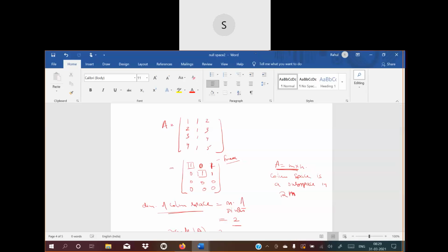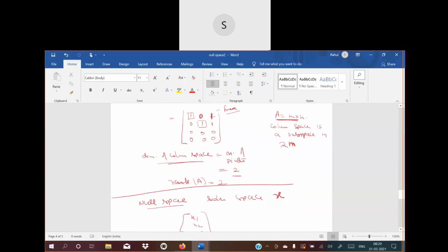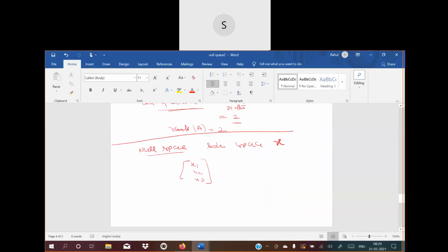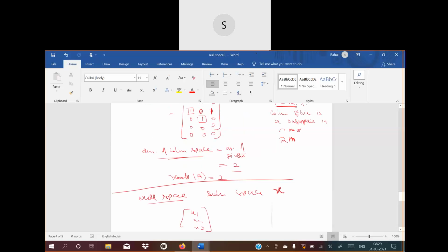Therefore, this is a 4 cross 3 matrix, so the column space is a subspace of R4. But when you come to null space, it is a subspace of Rn, that is R3. You can see it here: when I am writing the solution, these are three values, x1, x2, x3, therefore I am in R3. Now when you give me the solution, it will be a 3-tuple. Earlier it was a 4-tuple.